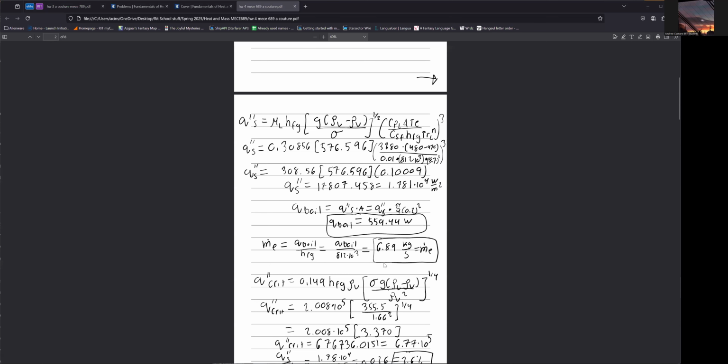Sorry about that. I realized I made a mistake in my calculation for the rate of evaporation. That is 6.89 times 10 to the negative fourth kilograms per second. Not 6.89 kilograms per second. That's a bit fast.